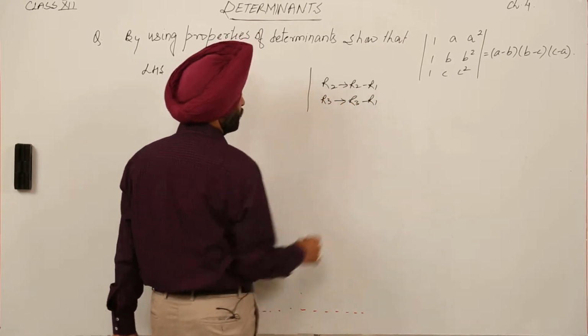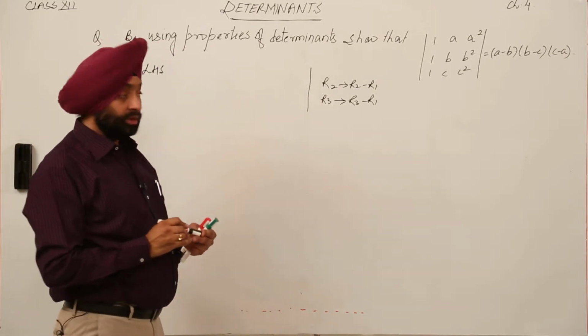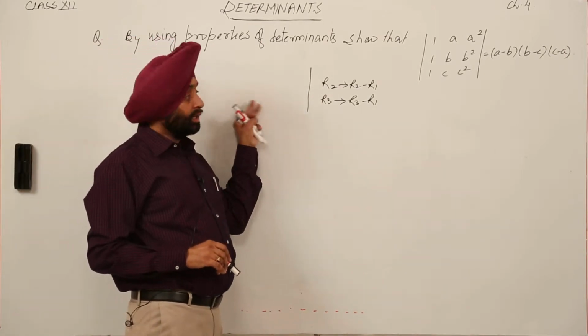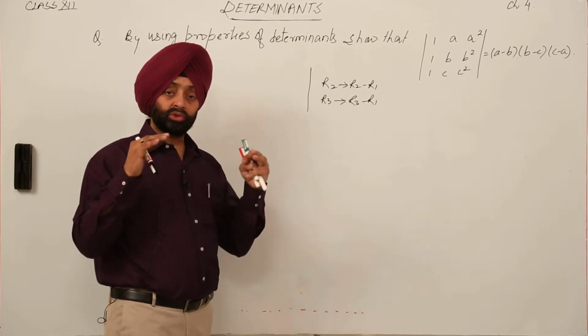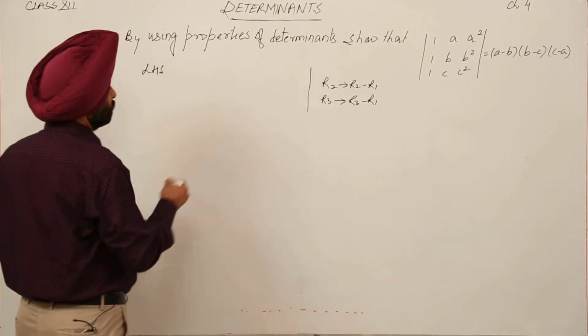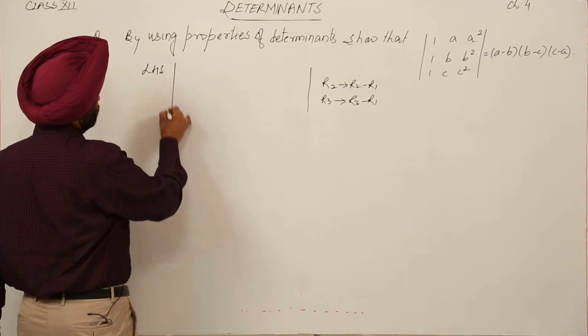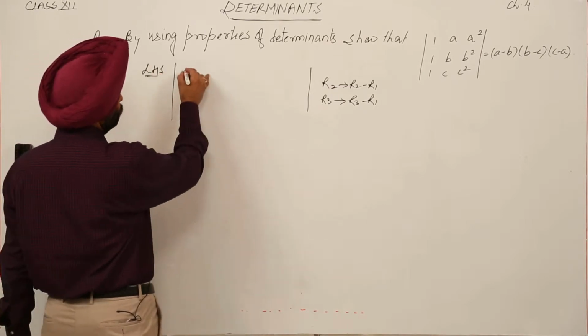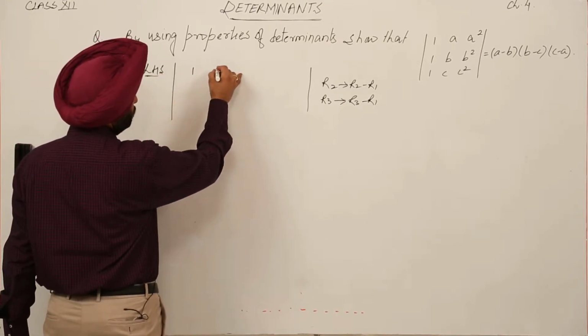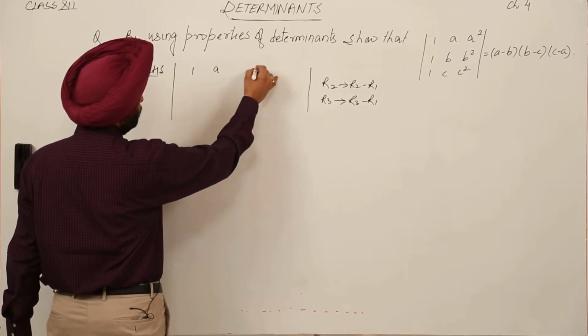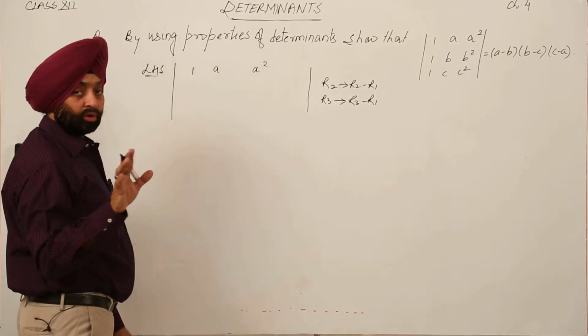Now when you are using two properties in the same operation, it will be considered as you have used two separate properties. So now what I have done: we have got 1, a and a square, row 1 has not been changed.